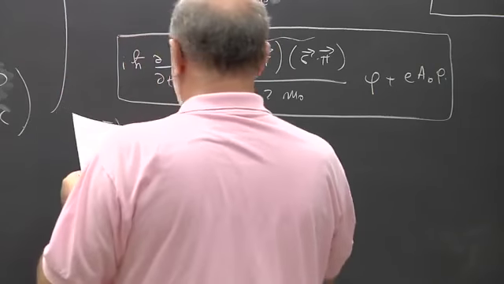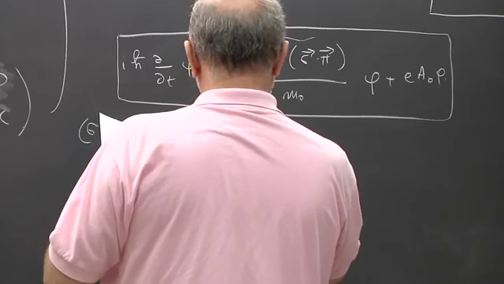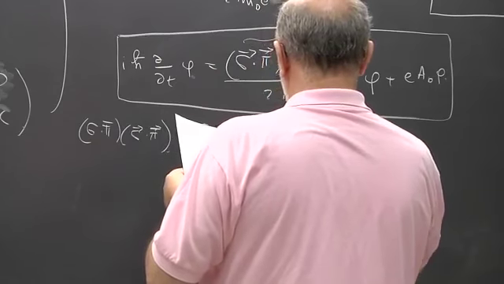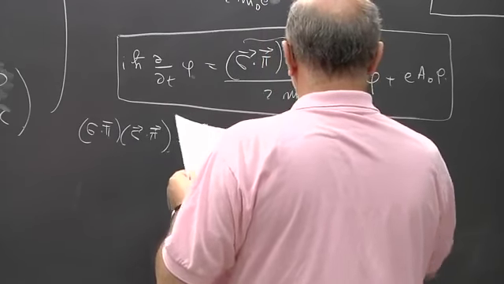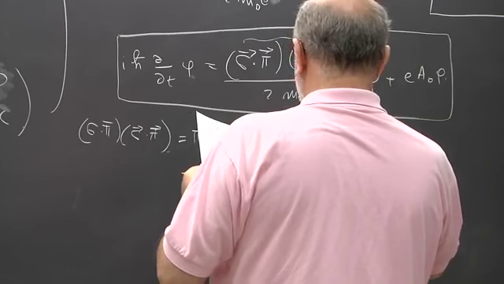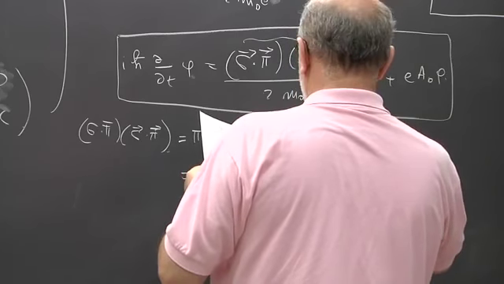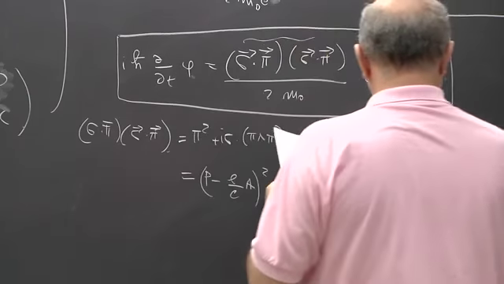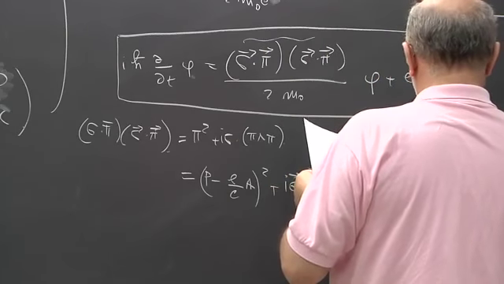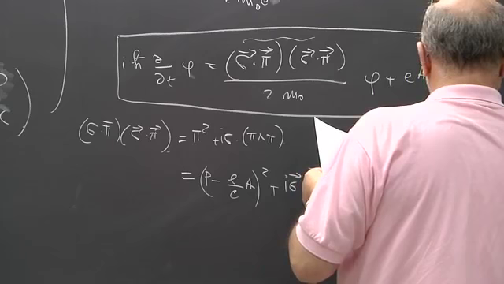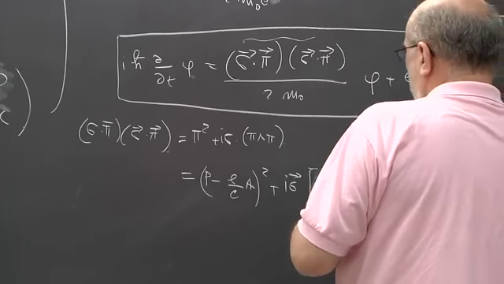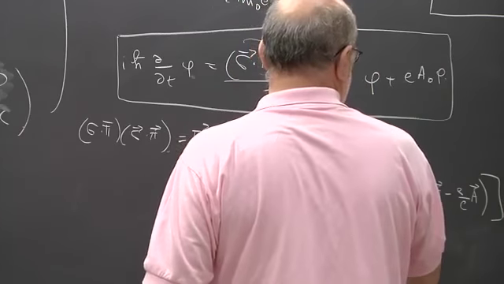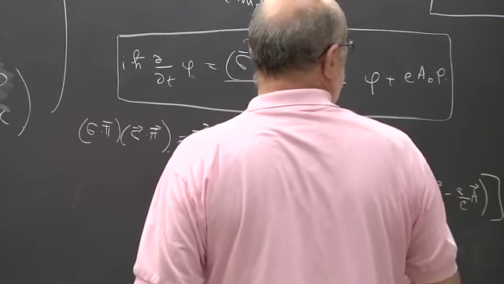Then this object becomes pi minus eA over c square plus i sigma, and now I have this wedge product, and this wedge product is 1 over h. You see now why it is not 0, because this is not just a vector, it's an operator, and so even if you do the wedge product, it's not 0.